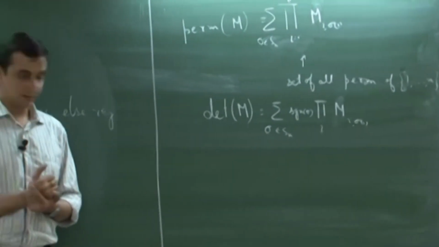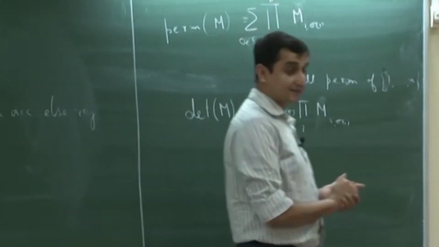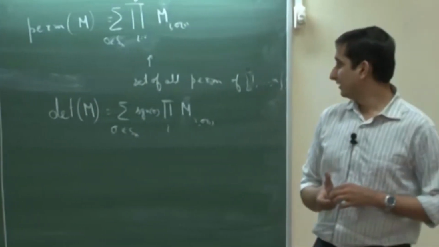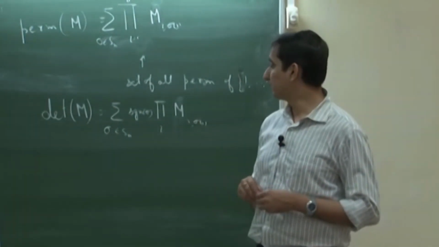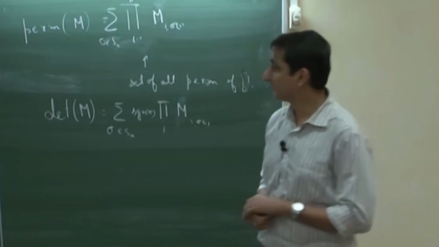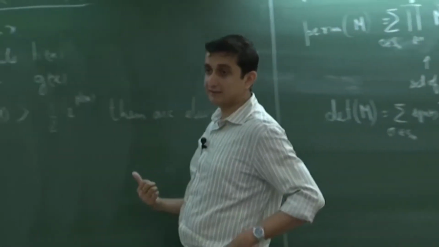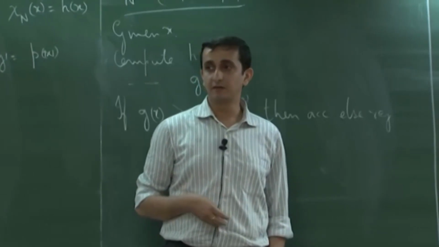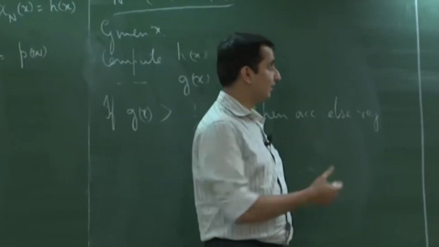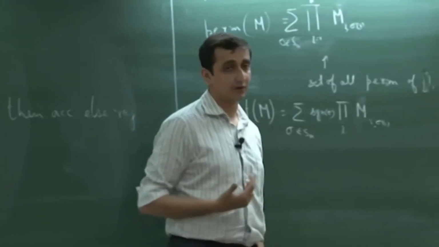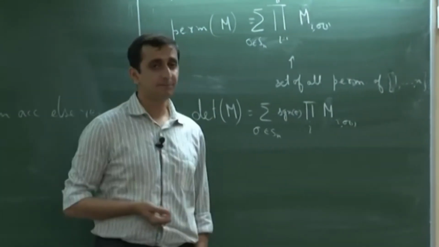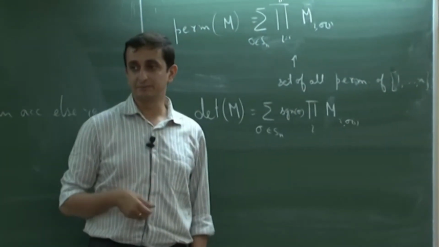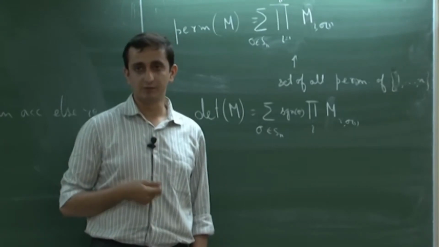And the surprising thing is, although this is just a small mathematical change between the two definitions, the complexity theoretic change that happens as a result of this is quite vast. So, permanent is actually hard for Sharp P, whereas determinant can be shown to be contained in P. In fact, it is in NC 2.